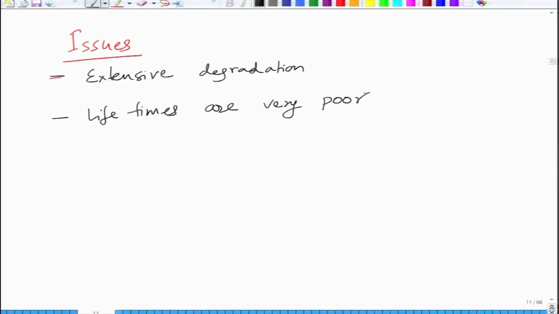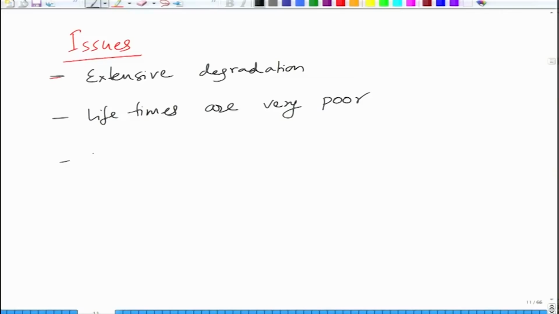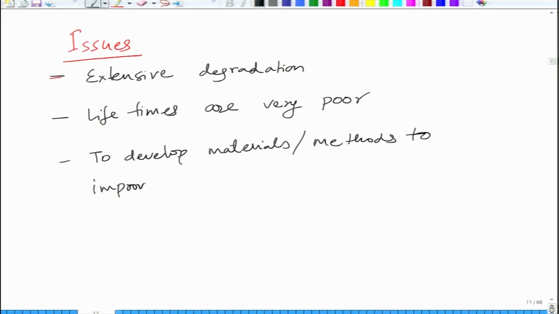When you put perovskite solar cells in ambient, the efficiency from 20% goes to less than 50% of that within no time, within 1 or 2 days, depending upon the environmental condition, the lifetimes degrade. So, what is important is to develop materials and methods to improve lifetimes.